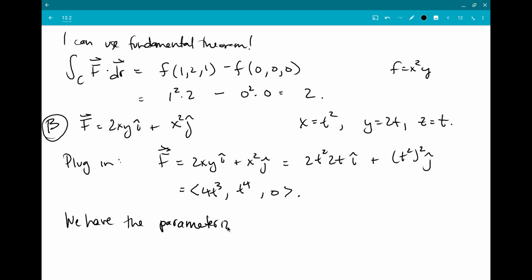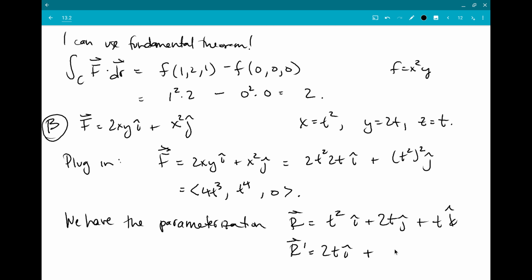And our parameterization is r equal to t squared i hat plus 2t j hat plus t k hat. So the derivative r prime would be 2t i hat plus 2 j hat plus k hat.